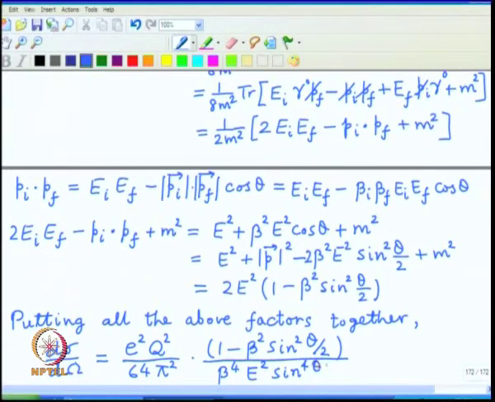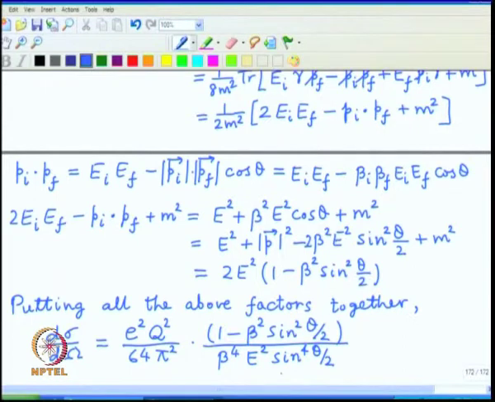So, this is the final result, and it is often labeled as the Mott cross section, because it was calculated by Mott, and it has a form which differs from the classical or the non-relativistic formula by just this extra factor in the numerator, 1 minus beta square sin square theta by 2.